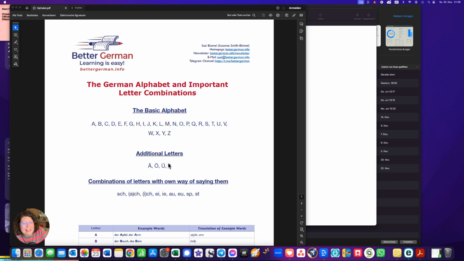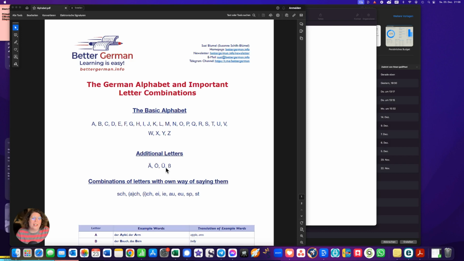Good. So the next additional letter is a U, like the letter U, with two dots. And it's called ü. And then there is a letter that looks a little bit like a small B, actually like the letter B, but a little different, and it's not closed at the bottom left.